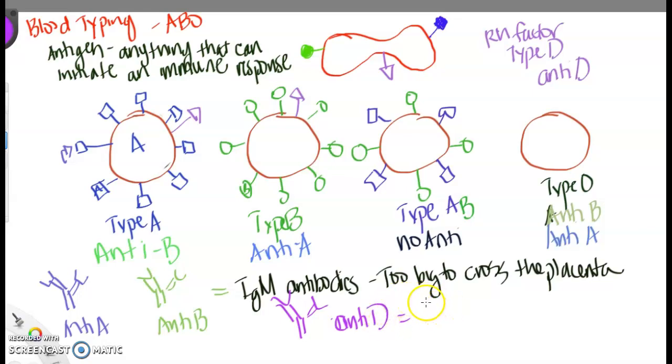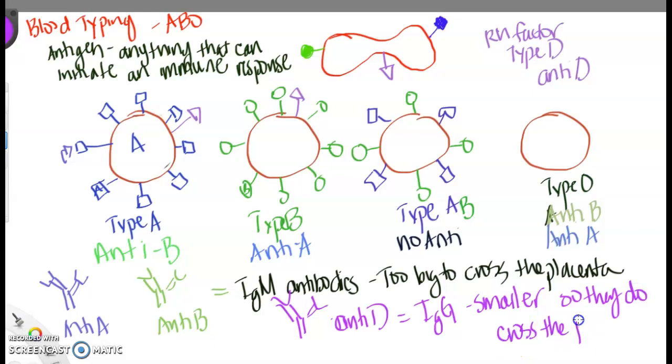These are IgG antibodies, and we'll talk more about that later when we get to the immune system, but just know that they're a different type of antibody than the ABO antibodies. So these IgG antibodies are smaller. So they do cross the placenta.